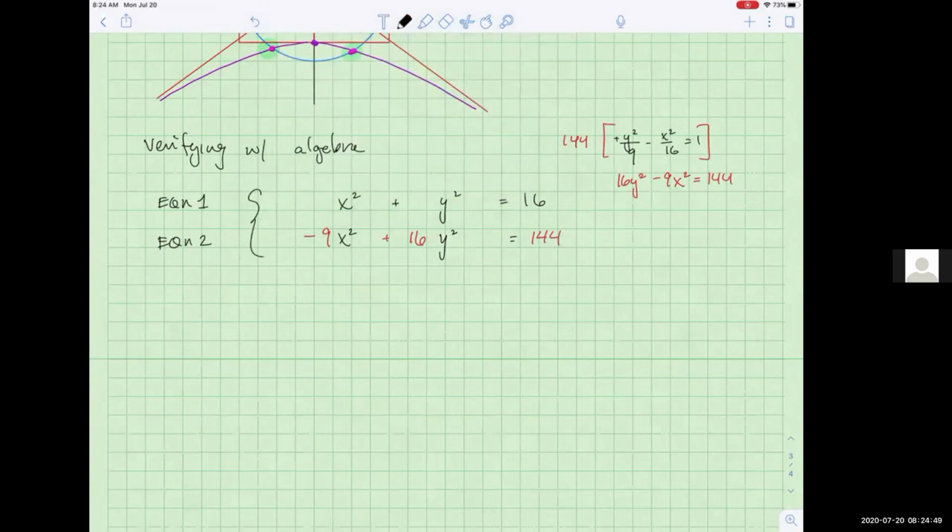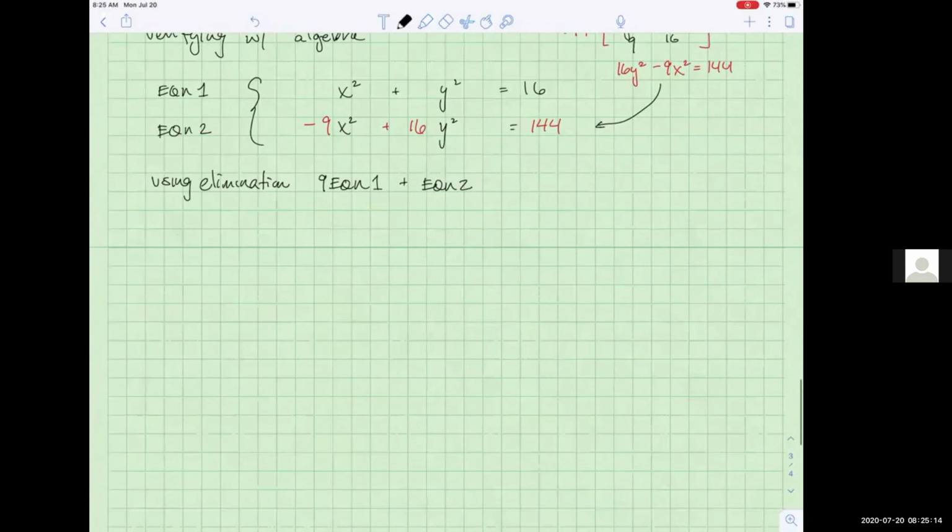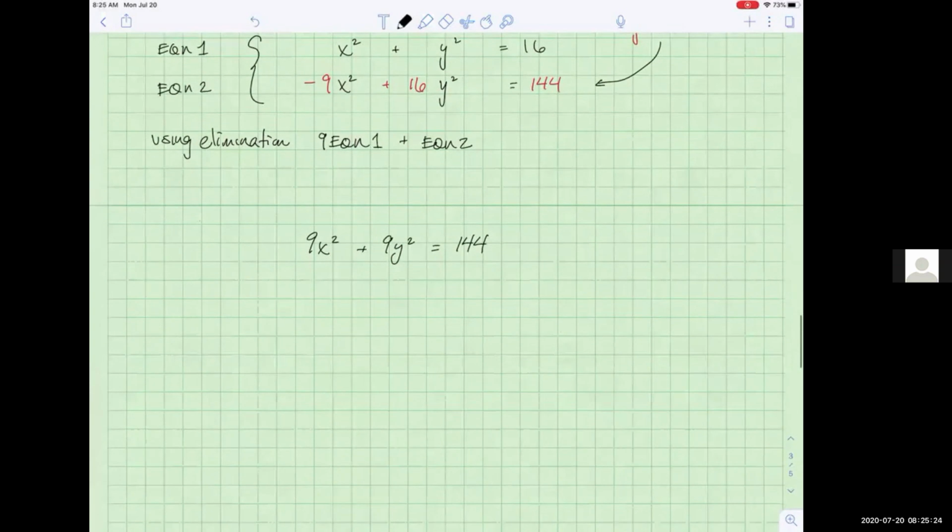Now, we're going to use some basic elimination. So let's see. Using elimination, let's just eliminate x. That looks like it'll probably be easier. So let's do 9 times equation number 1 plus equation 2. So what will that give us? That'll give us 9x squared plus 9y squared equals 9 times 16, which also happens to be 144.